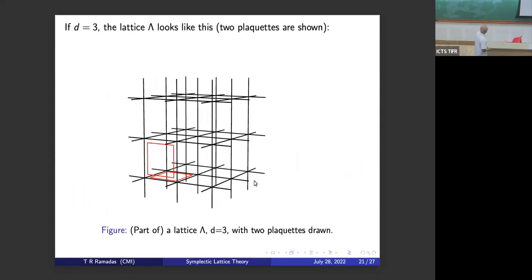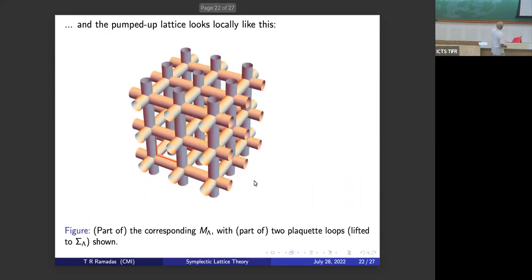So in D equal to 3, the lattice looks like this. I have drawn 2 plaquettes in red here. Now, if you pump up the lattice, this is what the regular neighborhood of the lattice looks like. You can think of this as sitting inside a 3-dimensional torus, so the opposite sides are identified periodically. And the boundary of this 3-manifold is the corresponding surface.